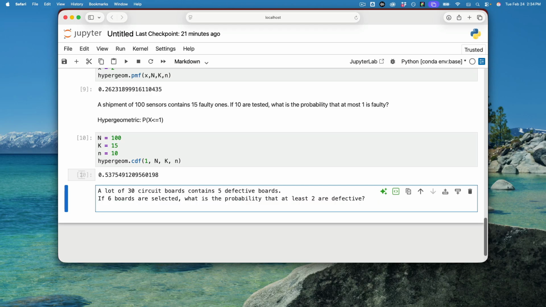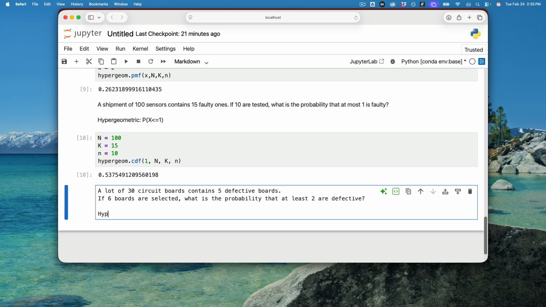A lot of 30 circuit boards contains 5 defective. 6 boards are selected. What's the probability that at least 2 are defective? So this would be a hypergeometric distribution with population 30, K number of successes is 5, and 6 boards is my sample, n, the number of trials.